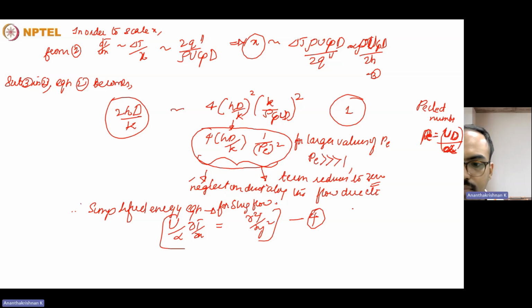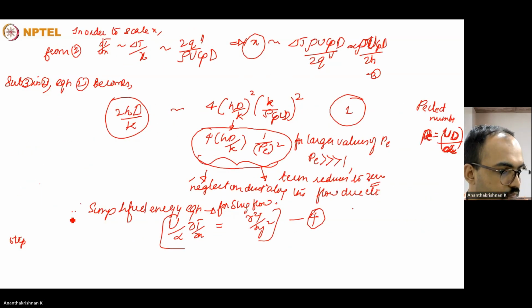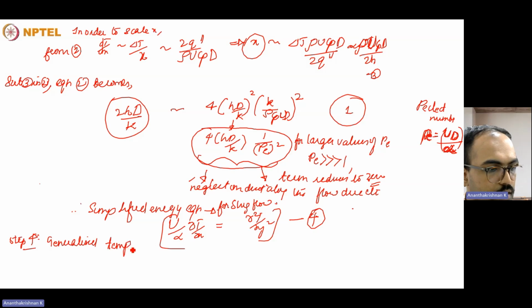So the generalized temperature profile could be written as theta, the generalized temperature variable or similarity temperature profile.